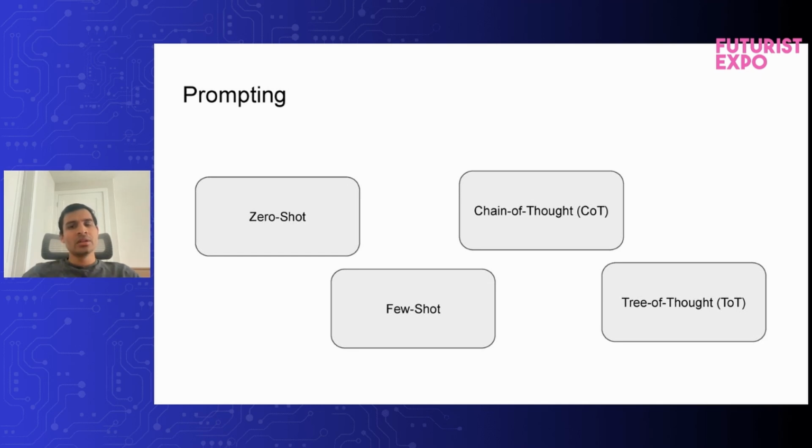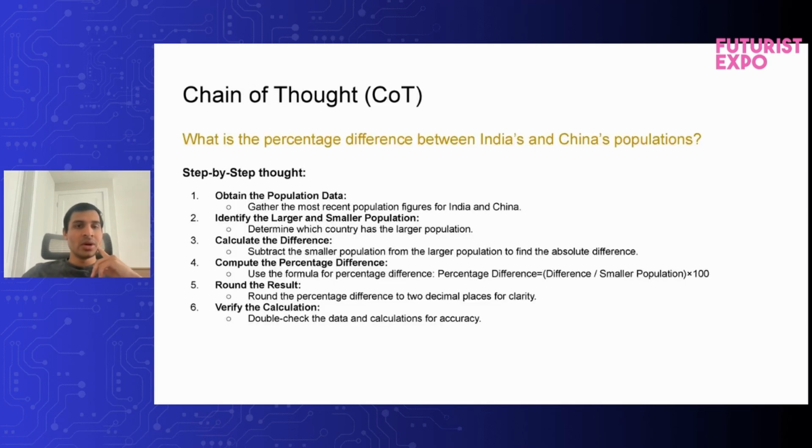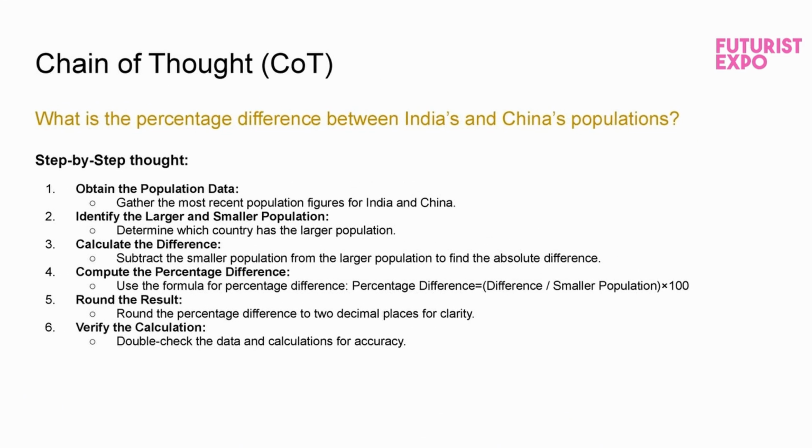Chain of thought is more interesting, where we're asking the model to think in steps and then respond. The model does some thinking and gives some reasoning before it comes to the final answer. This improves the quality by a lot. So when we ask the model to think step by step for a query like what is the percentage difference between India and China's population, the model cannot answer this directly.